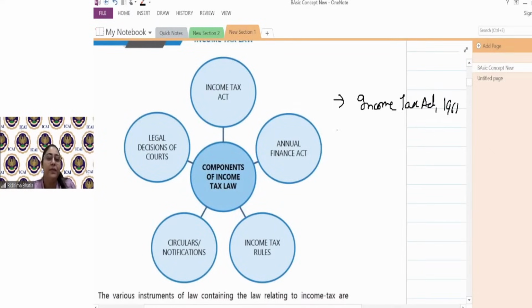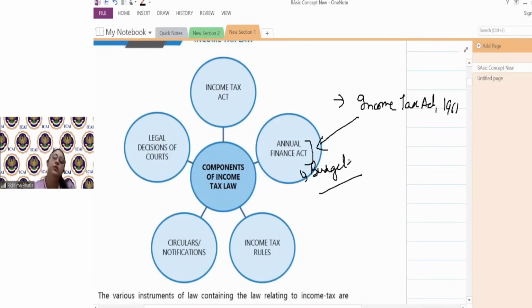And how are those amendments made? Through the Annual Finance Act, जिसको हम commonly कहते हैं budget. Budget आता है every year in the month of February. In the election year, it comes twice.